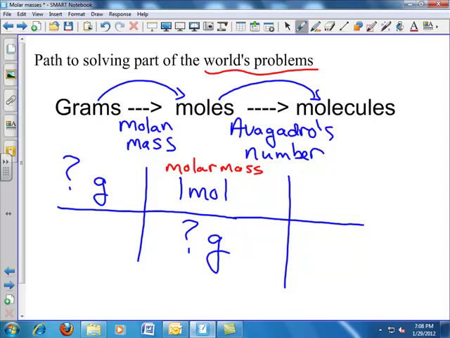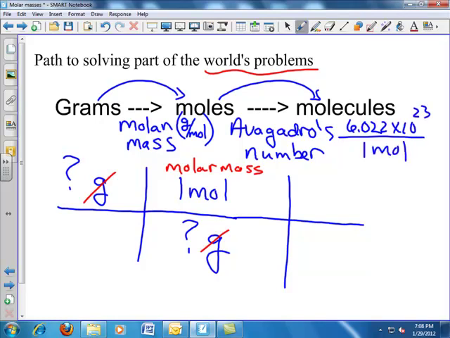Remember, this is just a generic step-by-step process. Because molar mass, if you remember unit-wise, is grams per mole. But down here, I want to cancel out grams, so I have to put the moles on top. And then Avogadro's number was 6.022 times 10 to the 23rd over 1 mole. That's what I'm going to put in this last spot here.